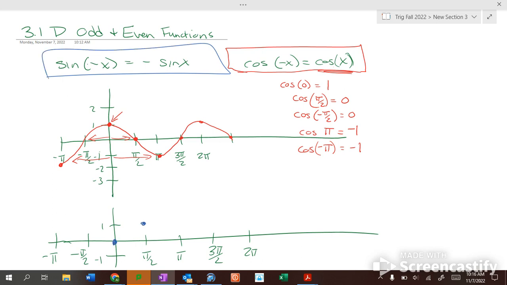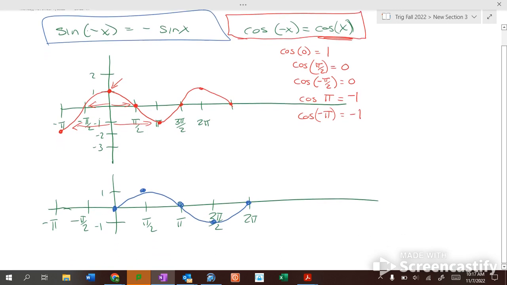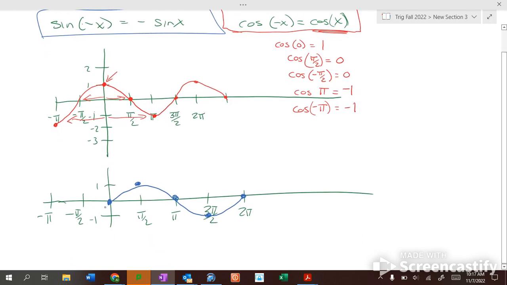Pi over 2, 1. Pi, 0. 3 pi over 2, negative 1. 2 pi, 0. You remember that from chapter 2. So if we remember that from chapter 2, we remember that it keeps going in the same pattern.